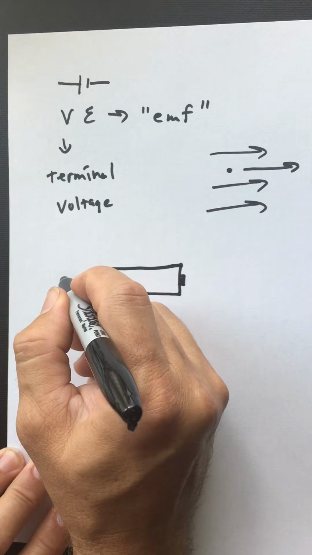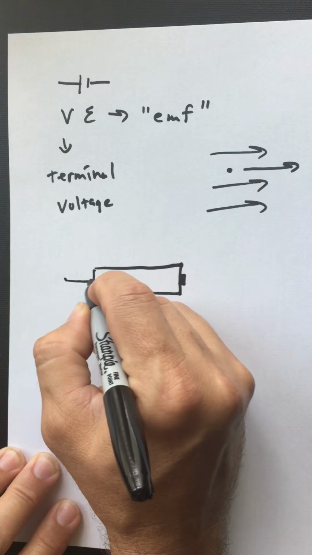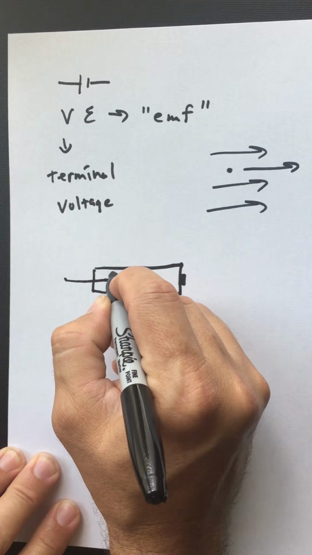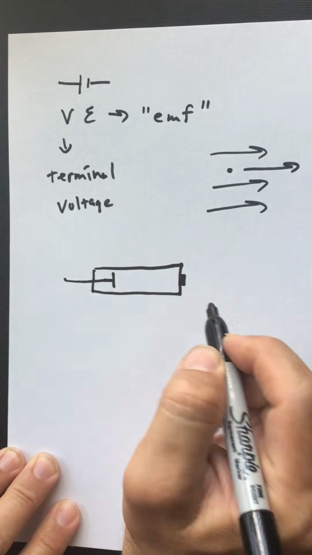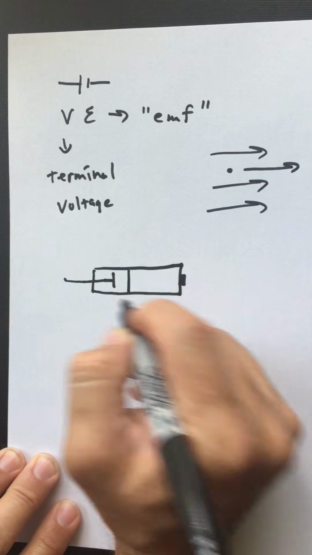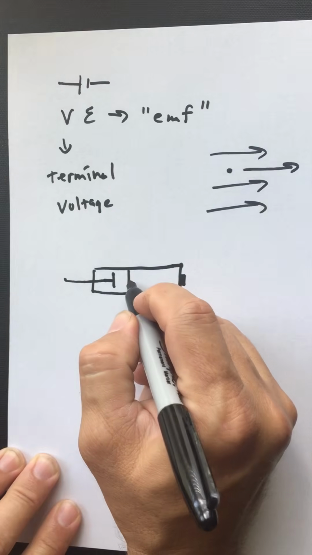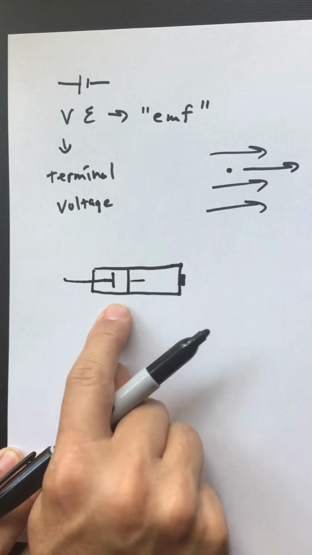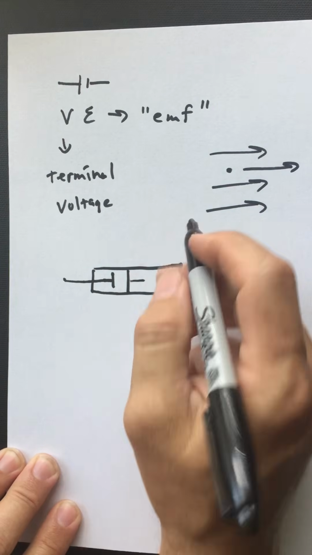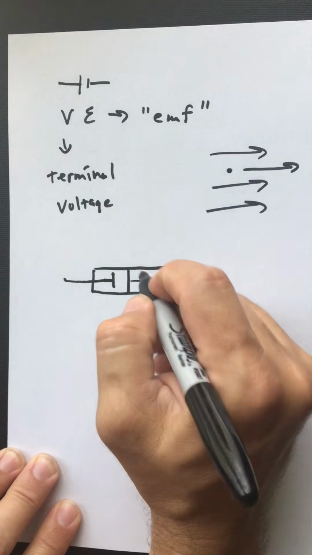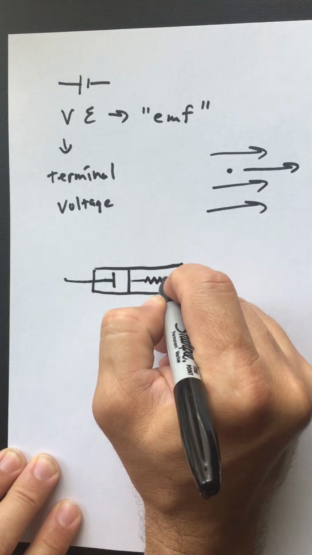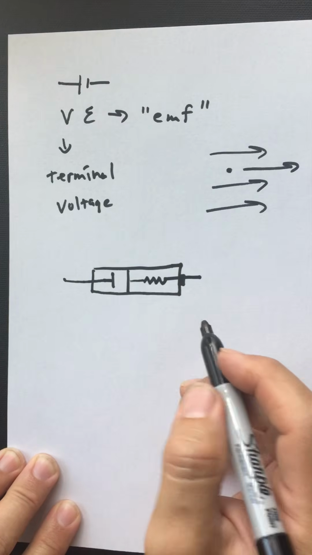And I'm going to draw my circuit coming through here. I think I've done this wrong. This should be the positive, that's okay. This is going to be my battery. Here is where I've drawn my traditional symbol for a battery. But now I'm going to have to take into account the idea that there is a little bit of internal resistance.